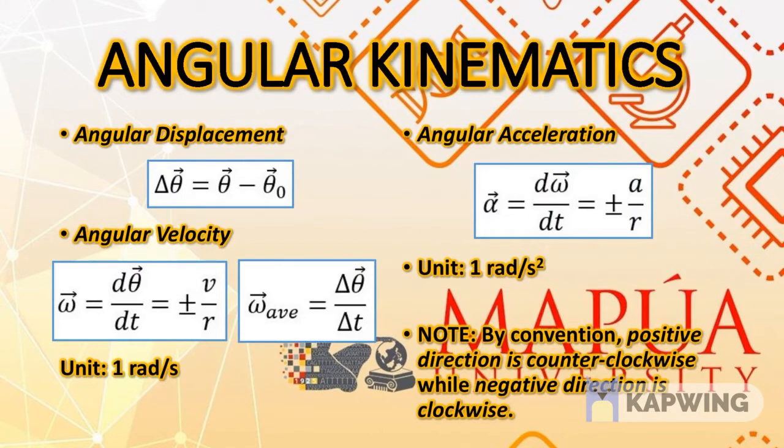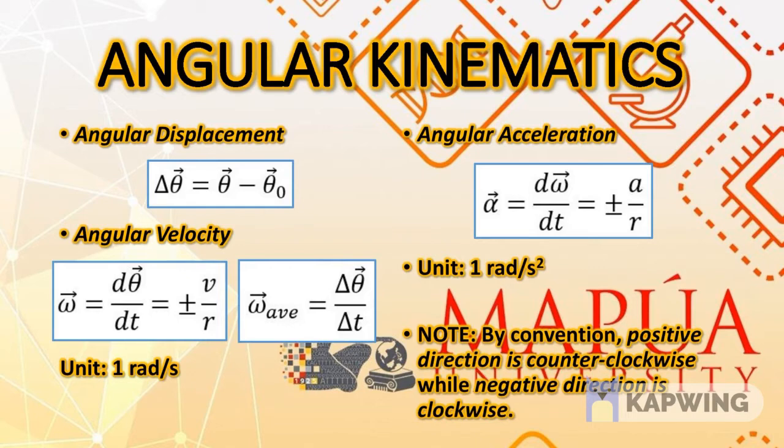Angular displacement is the change in angular position. Angular displacement is equal to final angular position minus initial angular position. Delta theta is equal to theta minus theta naught, theta naught being theta initial.